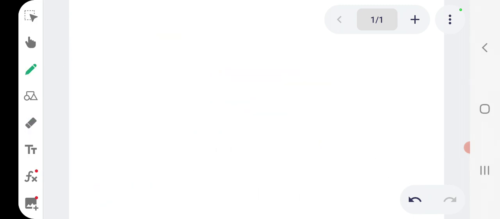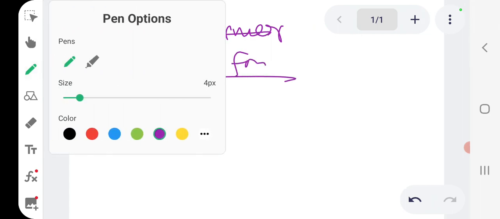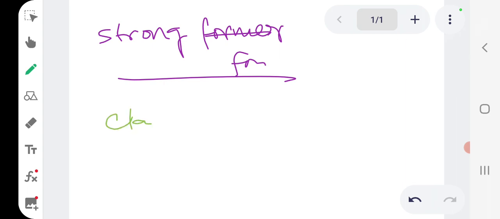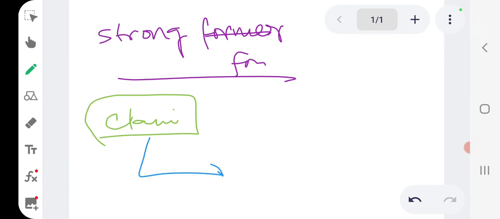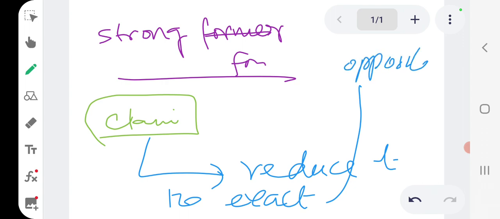Now, a stronger form is if somebody makes a claim and then you reduce it to the exact opposite or contradiction of that claim. Then obviously you can't hold both claims.